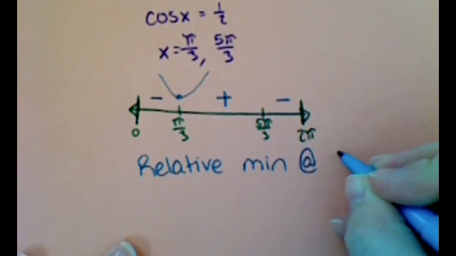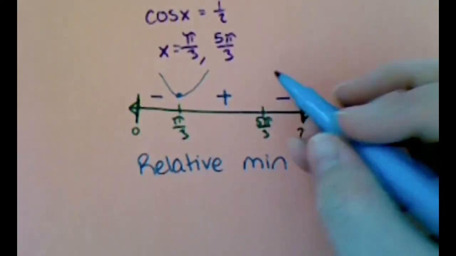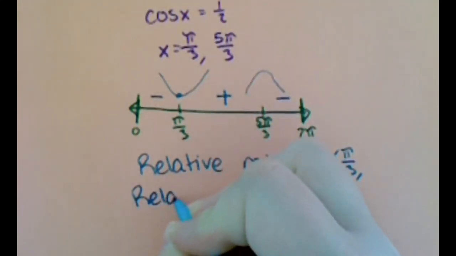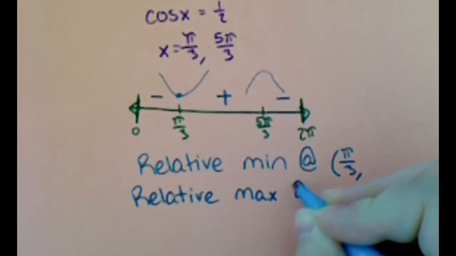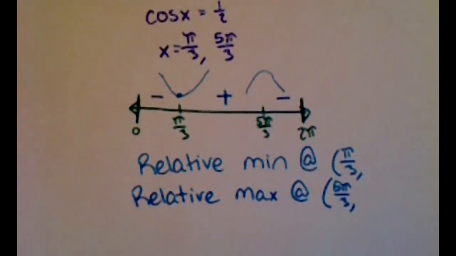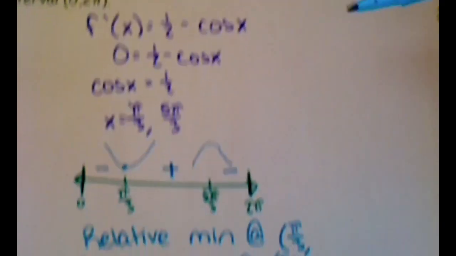Relative minimum at pi over 3, comma, we'll figure out the y-coordinate in a second. And then it goes from increasing to decreasing, so we have a relative maximum at 5 pi over 3, comma, something. Now we plug those back into the original function to get our coordinates.